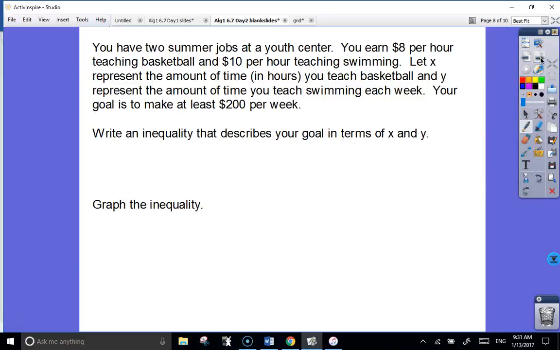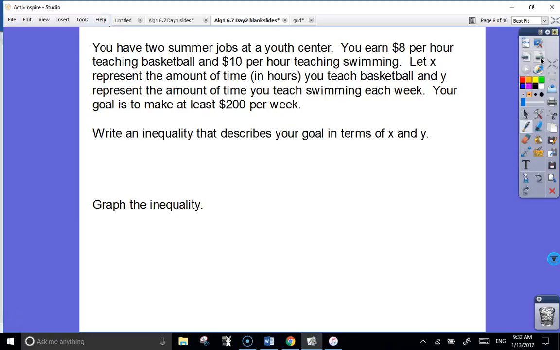Okay, you have 2 summer jobs at a youth center. You can earn $8 per hour teaching basketball and $10 per hour teaching swimming. Let x represent the amount of time in hours you teach basketball and y represent the amount of time you teach swimming. Your goal is to make at least $200. So what's the inequality going to say with respect to $200?